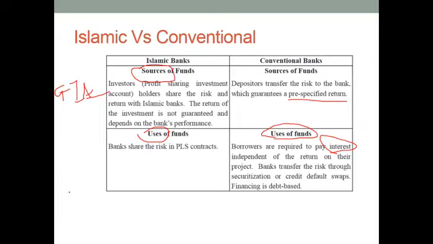The structure is almost the same because they are also governed by Basel II and Basel III, right? If they use the profit and loss sharing contract, they would be considered risky banks.